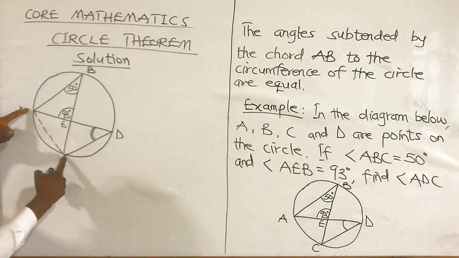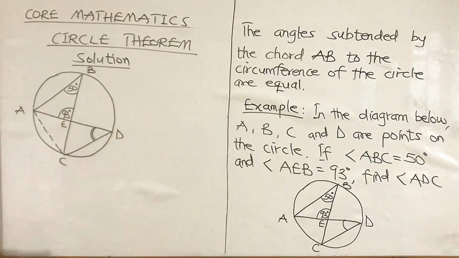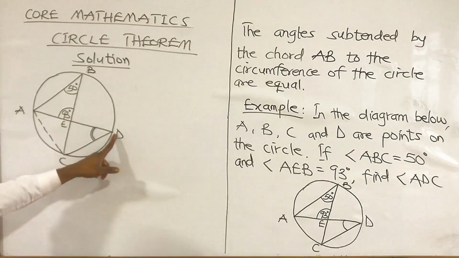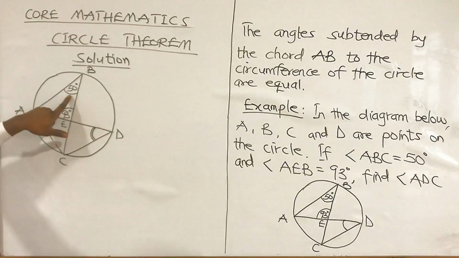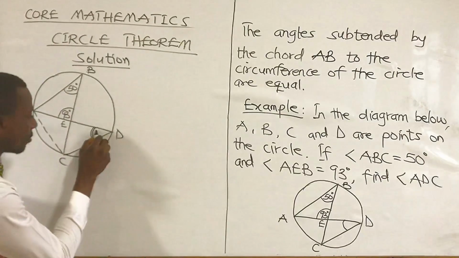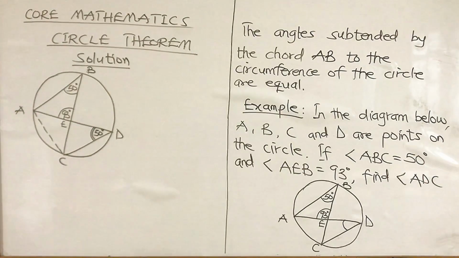Then this same chord AC can also subtend an angle to the circumference at D. So over here, if the angle here is 50 degrees, then the angle we have here will also be 50 degrees because they have a common chord.